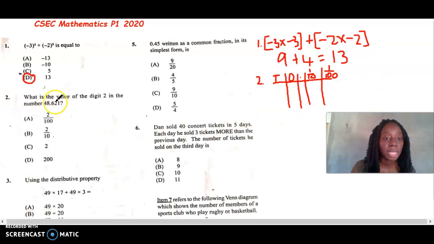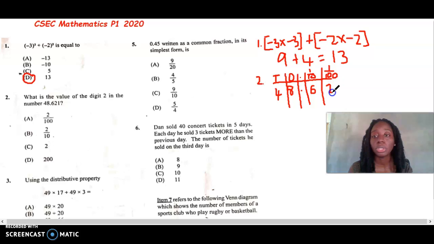In this number, the 4 has a place value of tens, the 8 has a place value of ones. The 6 would occupy the tenths, the 2 the hundredths.